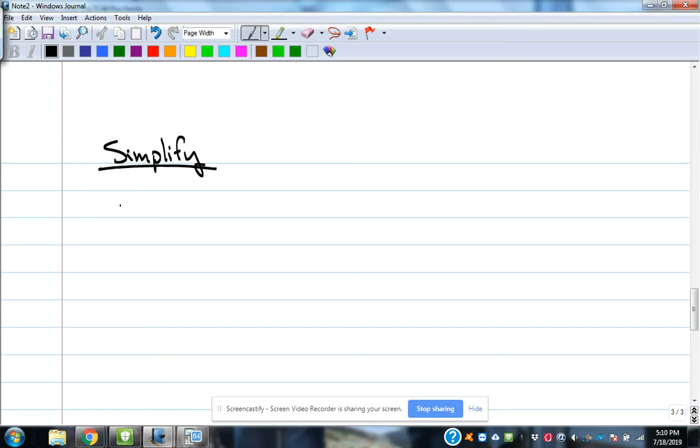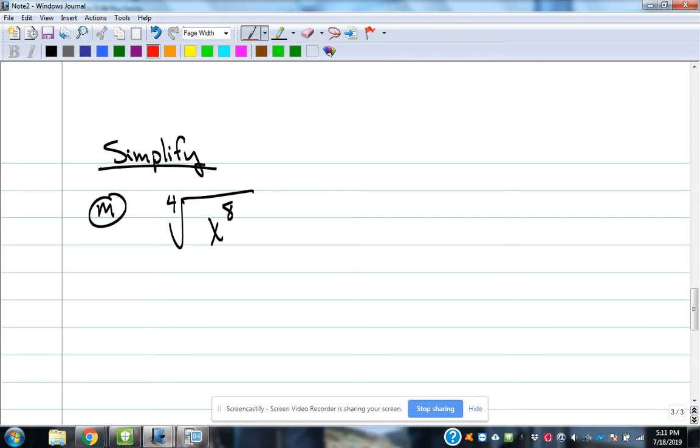Okay, so we'll start with the 4th root of x to the 8th. That's one that works out real nice. If we think about that as a rational exponent, it makes it a little easier than doing it as a 4th root if we're going to simplify that.